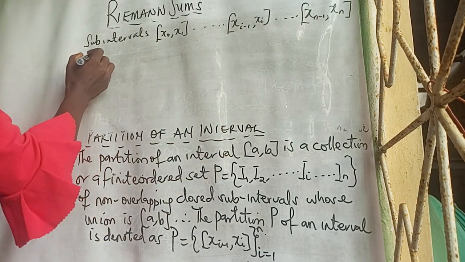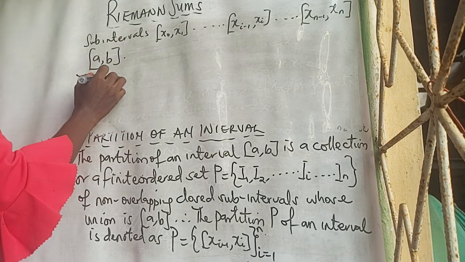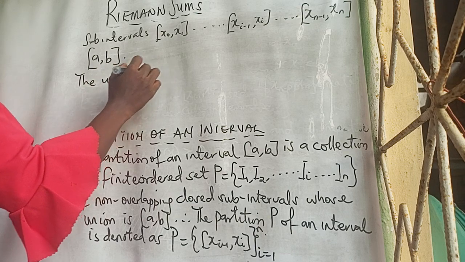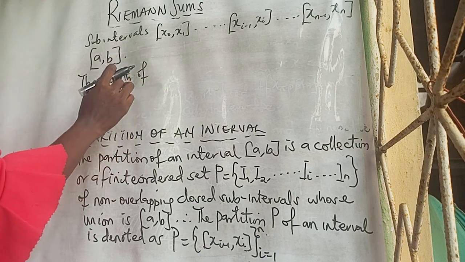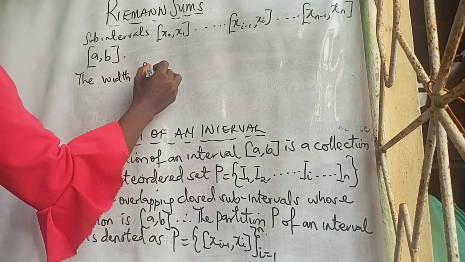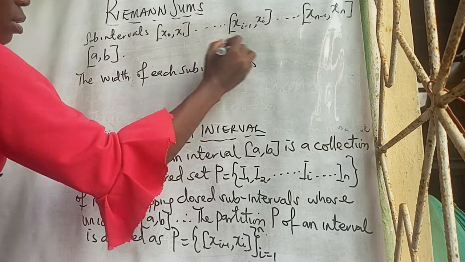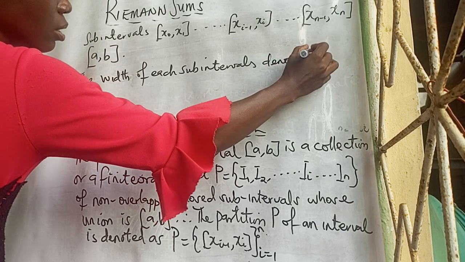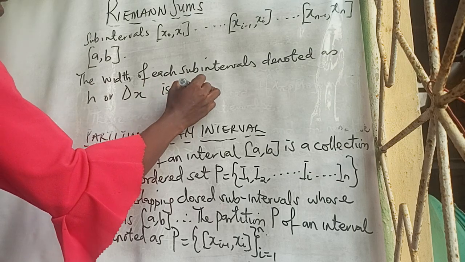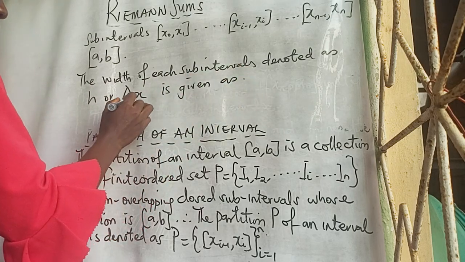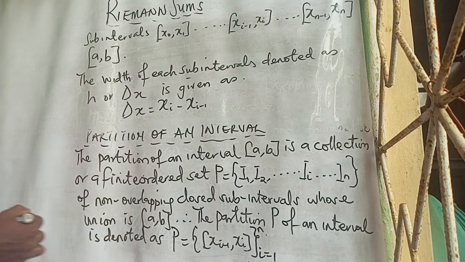The union of all these gives us the interval A to B. The width of each subinterval, denoted as h or delta x, is given as delta x equals x i minus x i minus 1.